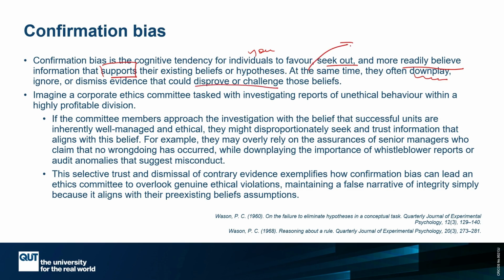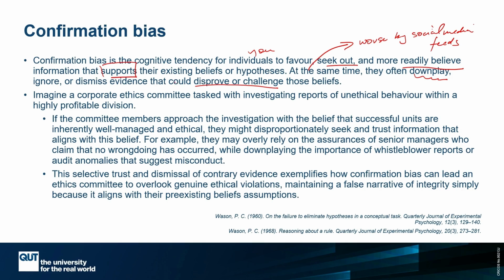This kind of confirmation bias has been made a lot worse by things like social media feeds and algorithms that feed you confirming information and downplay information that could disprove. So it's becoming harder and harder as an individual to deal with this particular bias.